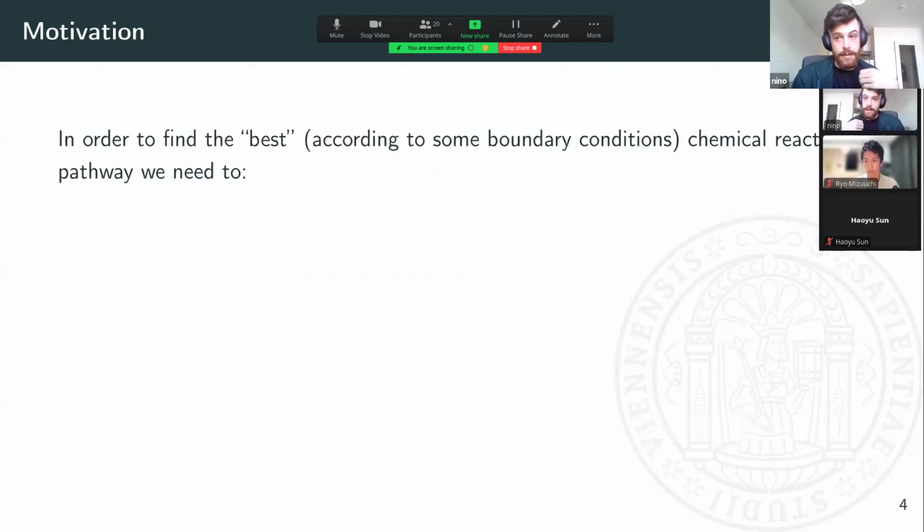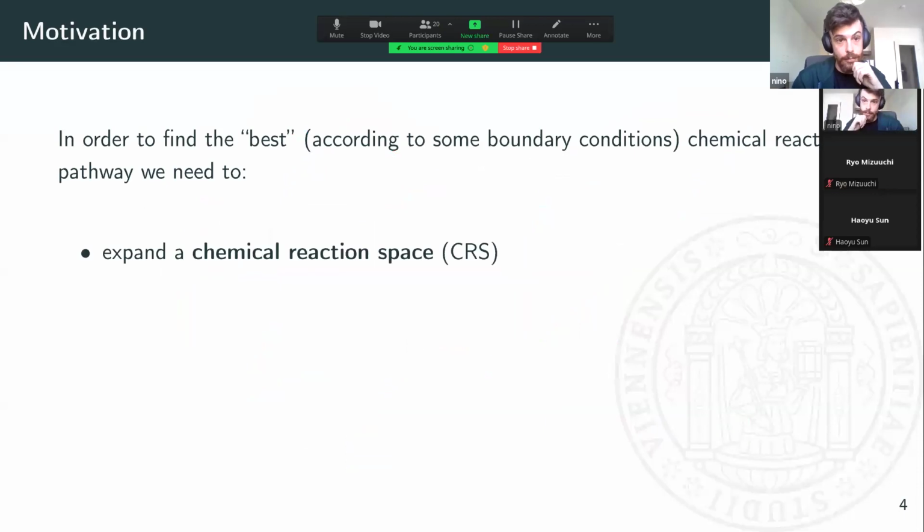So basically, in order to find the quote unquote best pathway according to your set boundary conditions in such a chemical reaction space, what you then need is basically a method to expand this chemical reaction space in the first place. So to find all the reactions that are in principle possible.